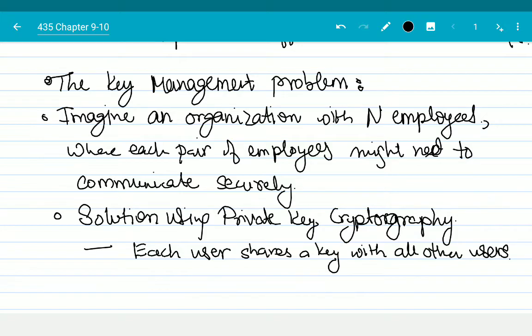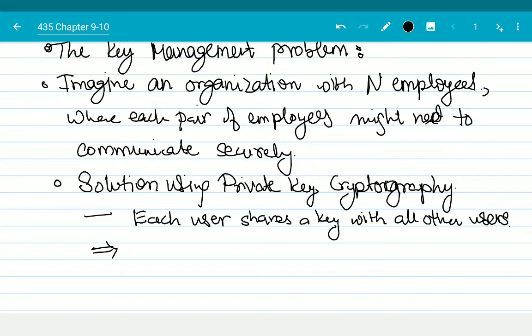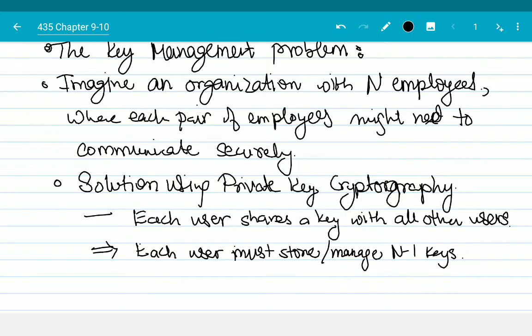That means each user must store and manage n-1 secret keys, which is not too bad, right?